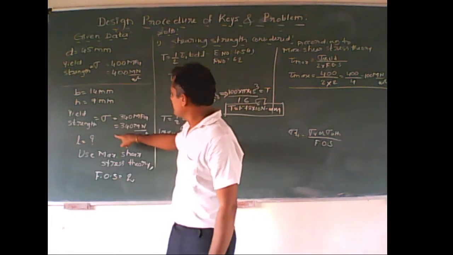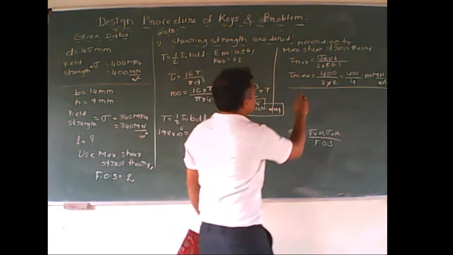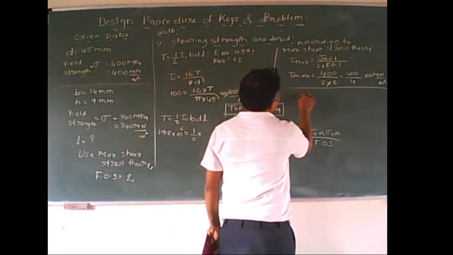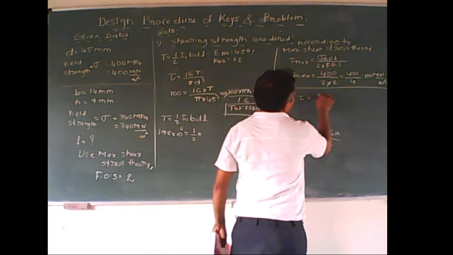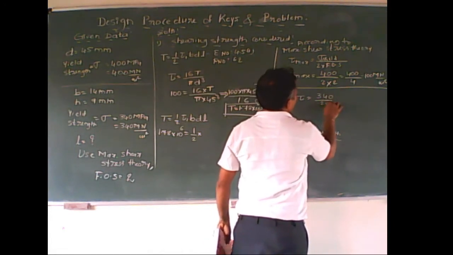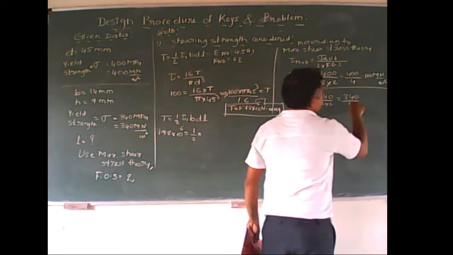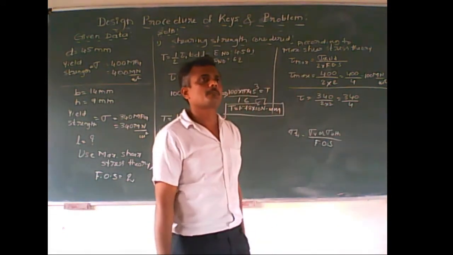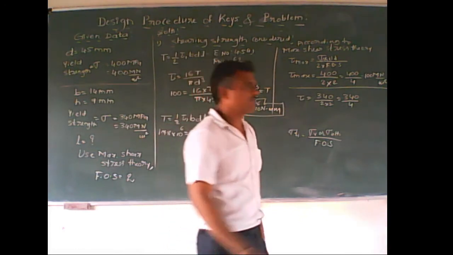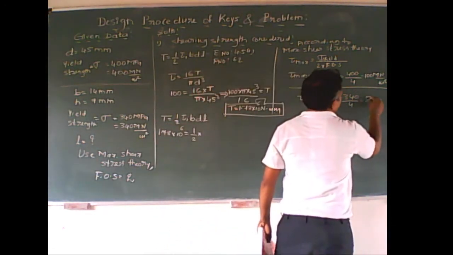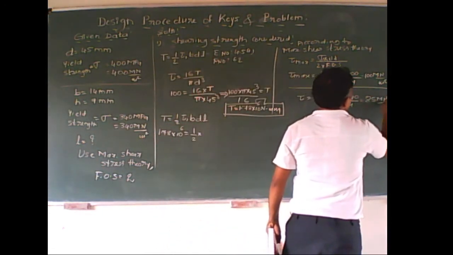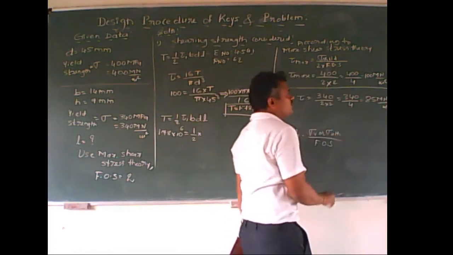Similarly, we have to go for calculating this value 340. You can use tau is equal to 340 divided by 2 into 2. What are you getting? Please tell me. 340 divided by 4 is 85. Correct. So this 85 mega newton per meter square should be used for keys.